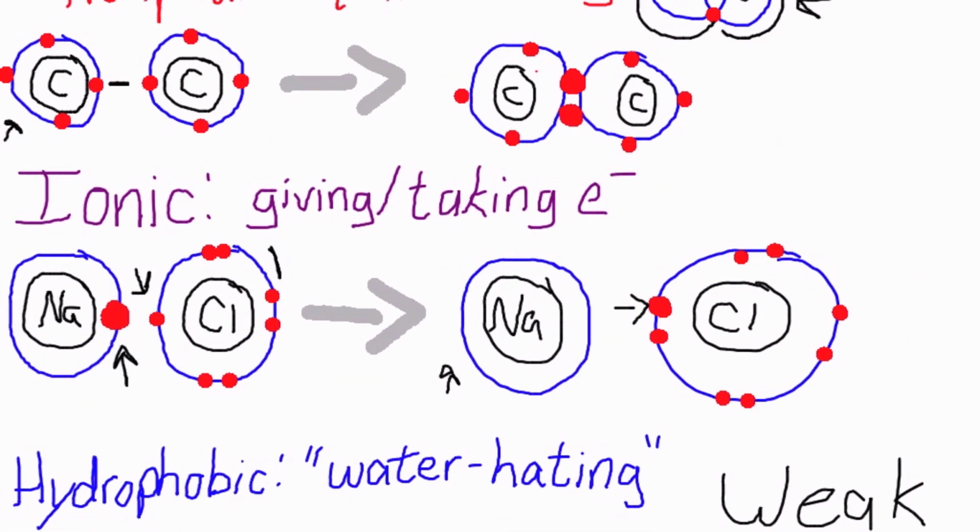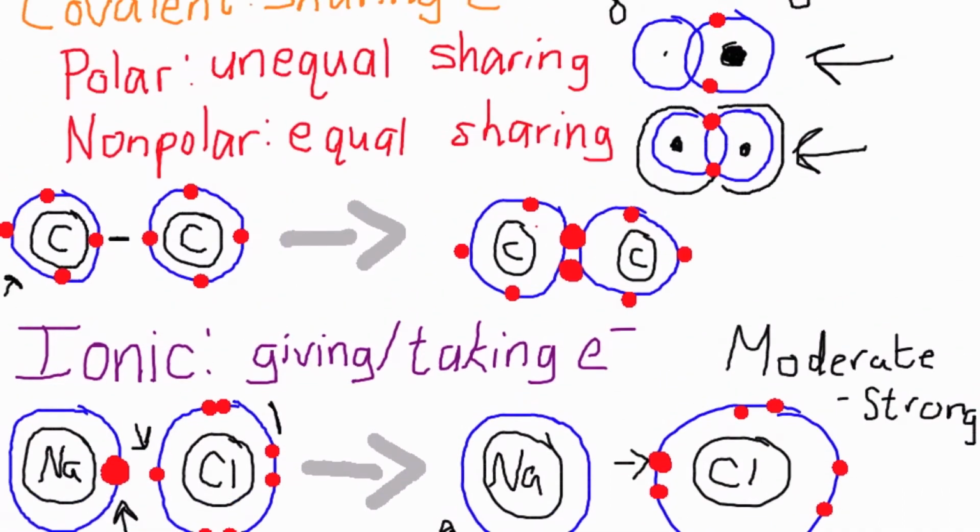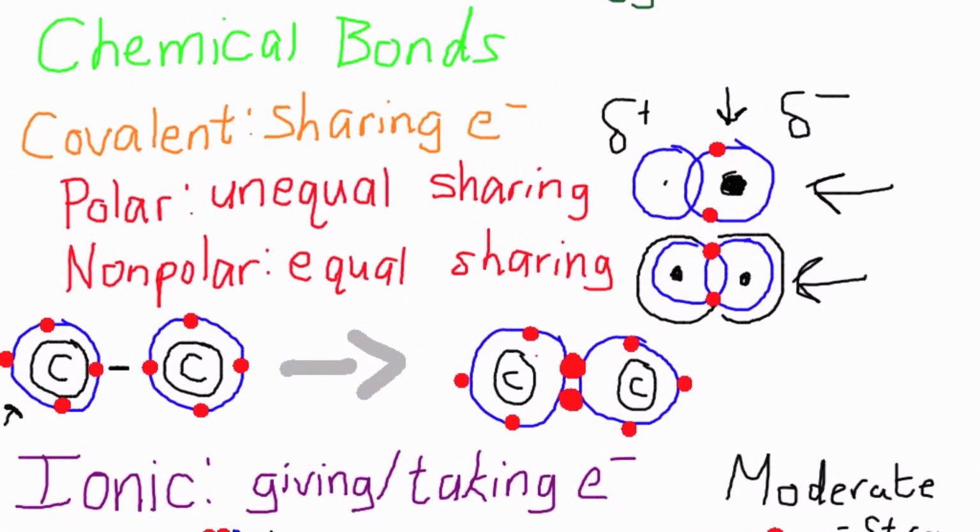Ionic bonds are moderate strength, and sometimes for specific atoms they can also be strong, because once you give the electrons, sometimes it's very difficult to get the electrons back. And covalent bonds tend to be very strong bonds that are difficult to break.